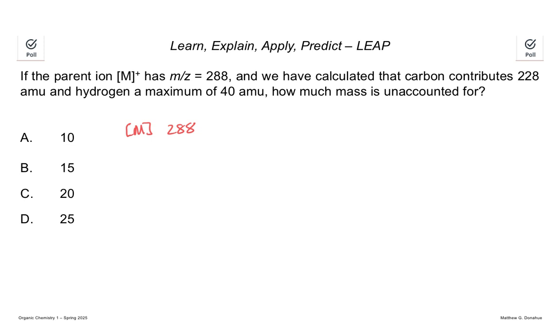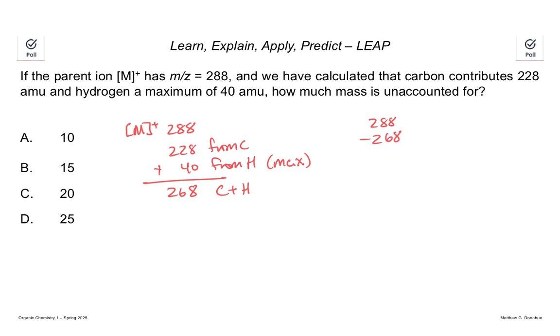So our parent was the 288. If we add that together, we get 268. And then we can say 288 minus 268 gets us 20 mass units that are unaccounted for.